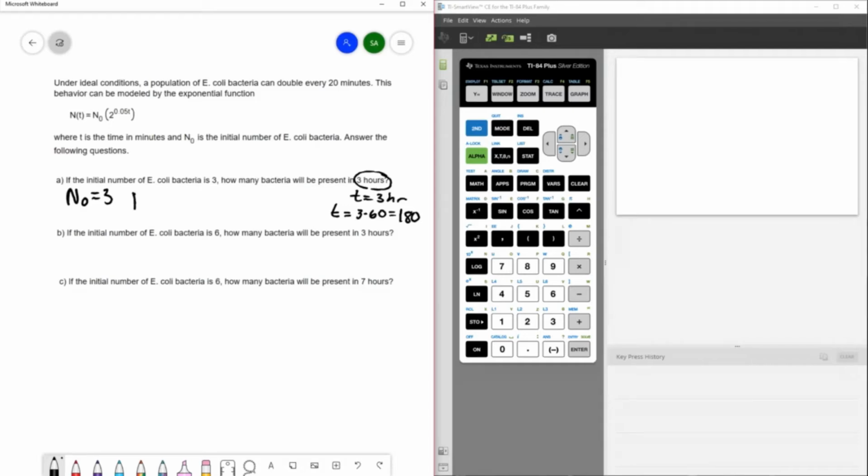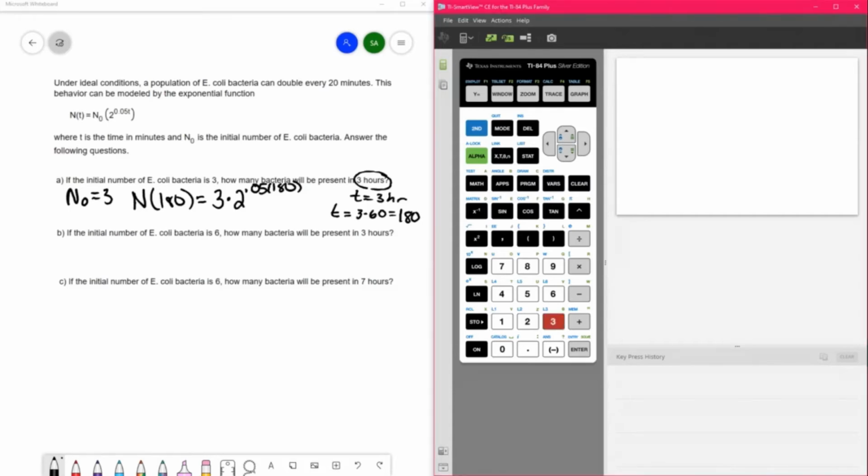So when we substitute in, we'll do N of 180, and that is 3, N naught, the initial amount of bacteria, times 2 to the 0.05 times 180. So we're going to type that into our calculator.